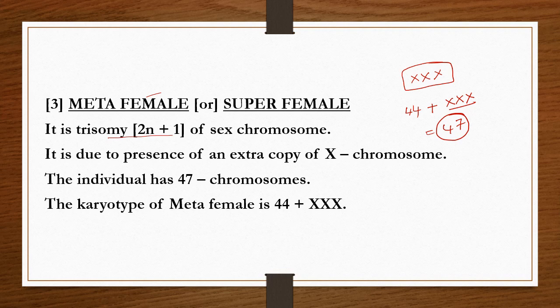Here we are discussing aneuploidy of sex chromosomes. That means we are discussing only one pair of chromosomes. There is no change in the number of autosomes, that is 44. In all these conditions, Turner syndrome, Klinefelter syndrome, or this metafemale, the change occurs only in the sex chromosome, not in autosomes.